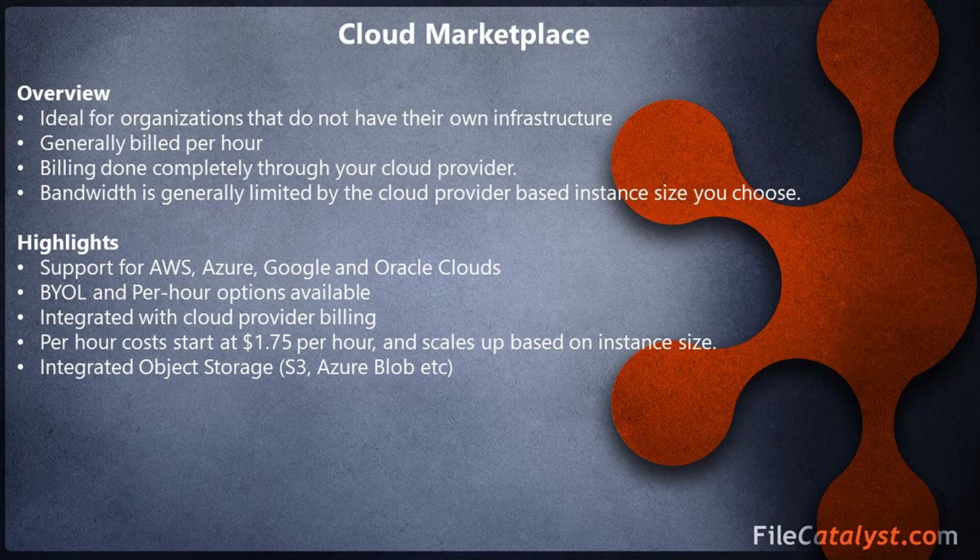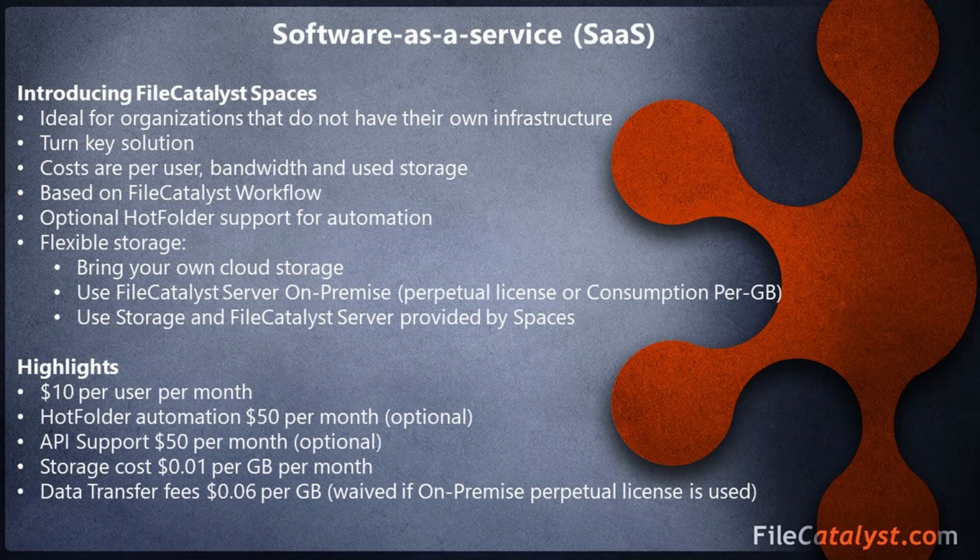You also have the option to bring your own license, so you could license something based on a perpetual unmetered license and apply that license on the cloud and use that server on the cloud and not pay the per hourly costs. But this is perfect, again, for data migration or projects where you know you're going to be using it for a few days and then shut it down.